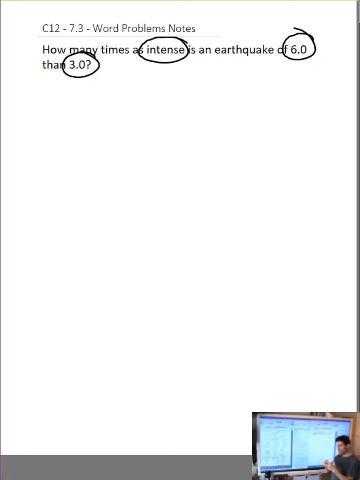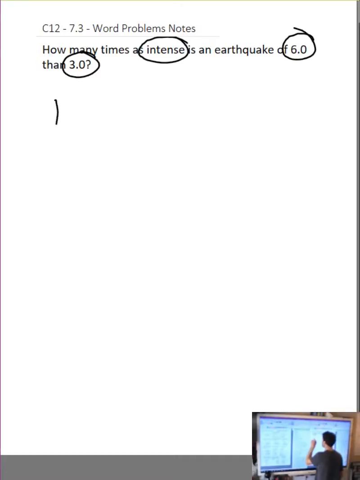So if a 4 is 10 times as strong as a 3 and a 5 is 10 times as strong as a 4, that means that a 5 is 10 times 10, 100 times stronger than a 3. So we are going to assume that we're going to get 1,000 times stronger.